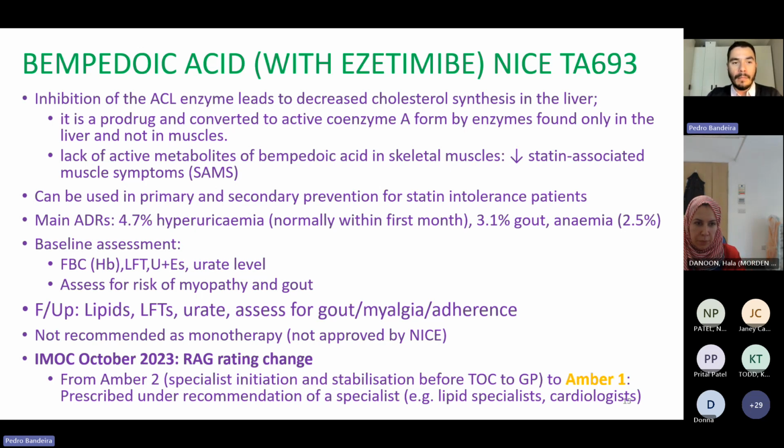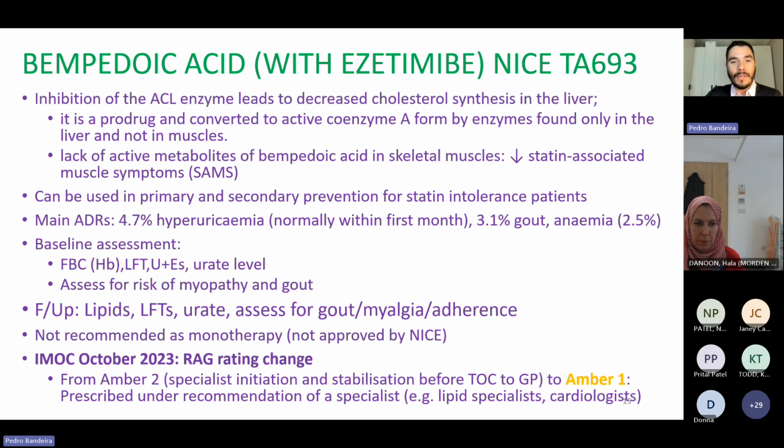So this conversion does not happen in the skeletal muscle. So in theory, there should be less association with muscle symptoms than statins. However, there are still patients that normally will have side effects with this drug.